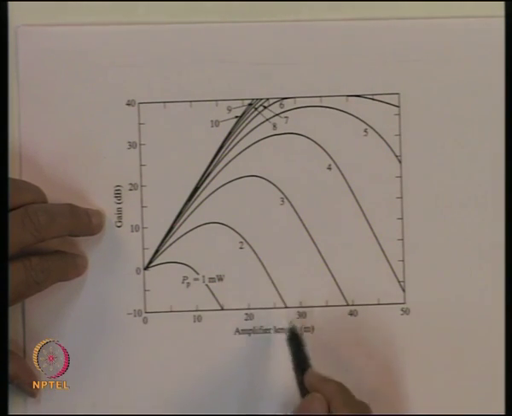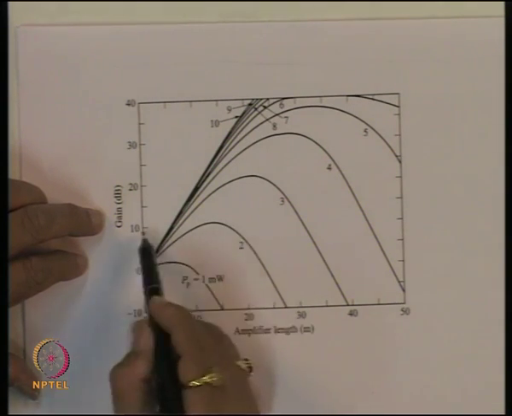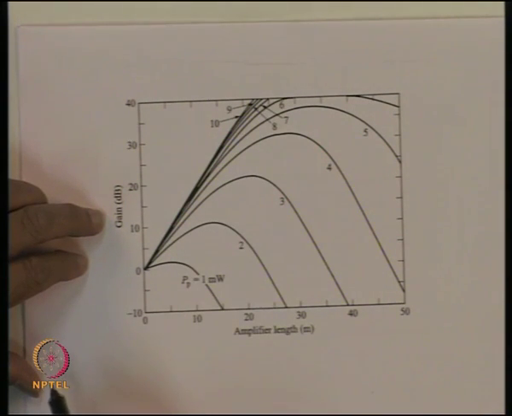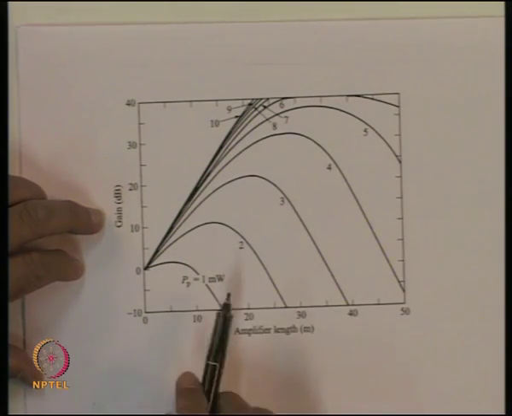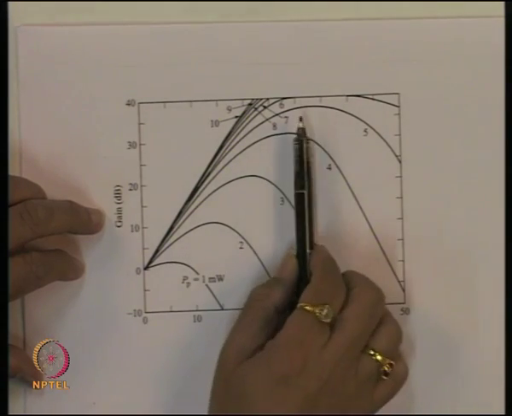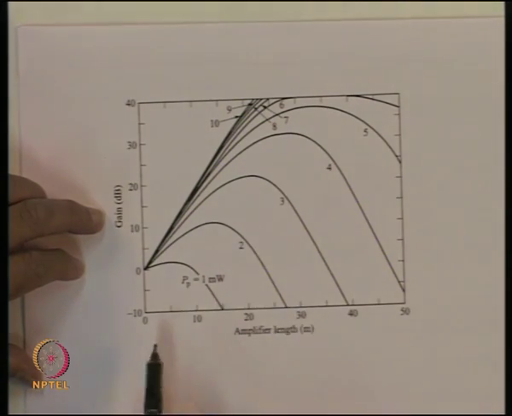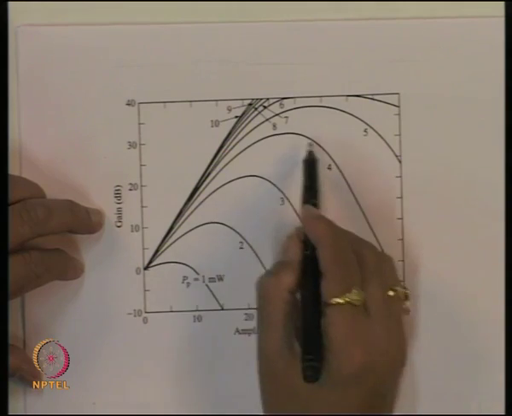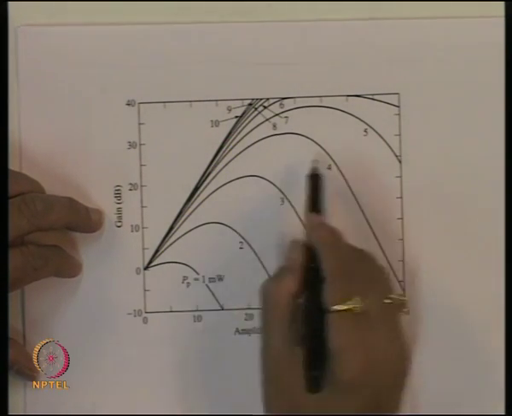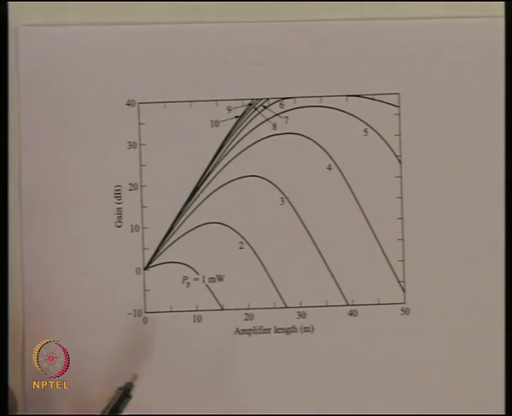And if you go to 2 milliwatt, the gain would be of the order of about 10 dB. And like that, if I go on increasing the pump power, of course the gain would increase, but for every pump power there is a maximum gain which is possible. And beyond that, again the gain will start reducing.